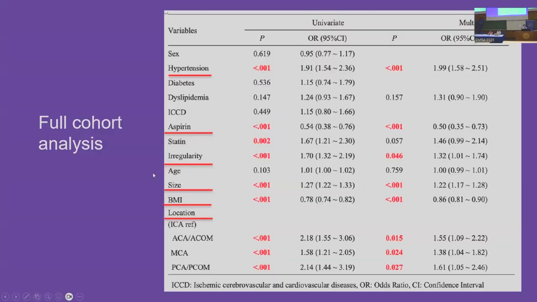In the full cohort multivariable analysis, we found hypertension, aspirin use, irregular shape, size, BMI, and location are independent factors associated with enhancement, while statin has borderline significance.